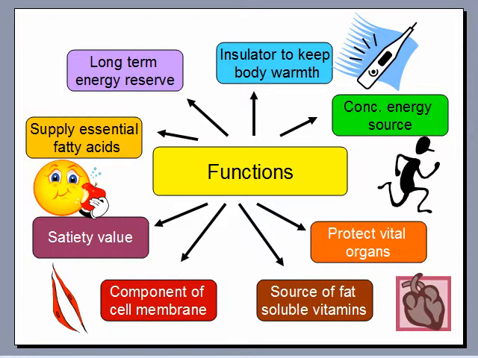It is a component of your cell membranes, as well as it supplies essential fatty acids. And lastly, it has high satiety value, meaning it can keep you full for a longer period of time, because fat takes a longer time for the body to digest.